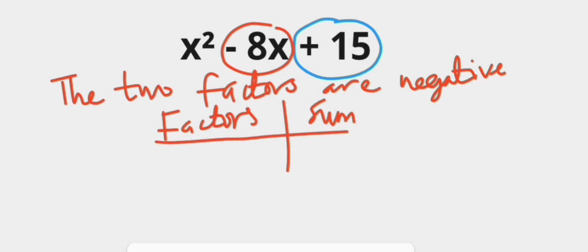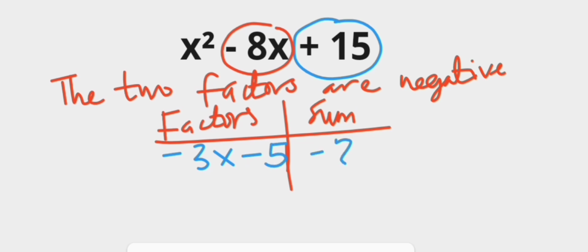This time around, we are not going to list all the factors of positive 15. We just go straight to the ones that will likely give us negative 8. Mind you, the two of them must be negative. Two numbers that multiply to give positive 15, that are both negative, and give negative 8 when added together, are negative 3 and negative 5.